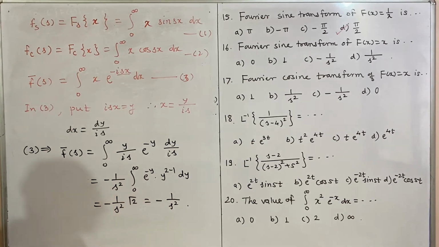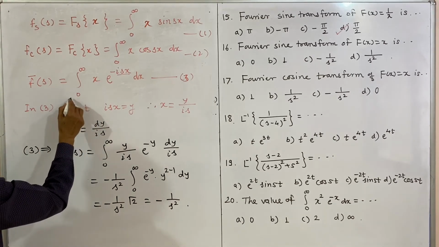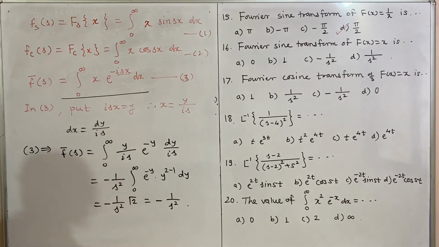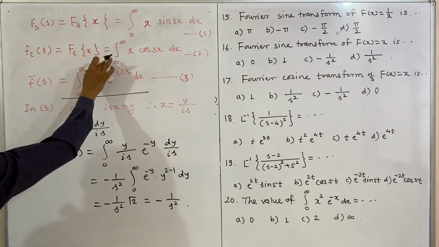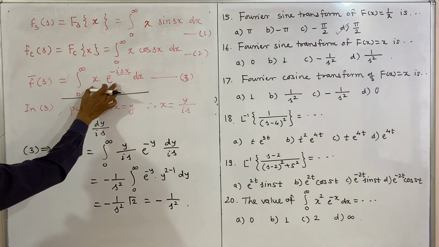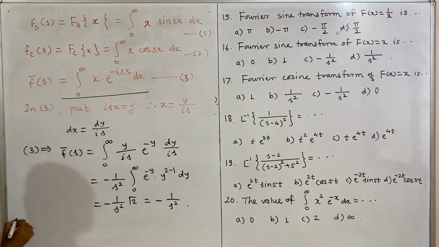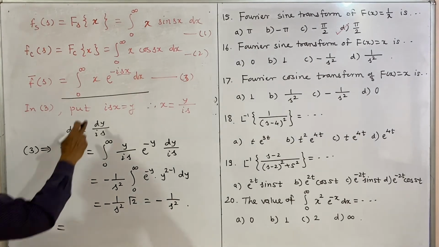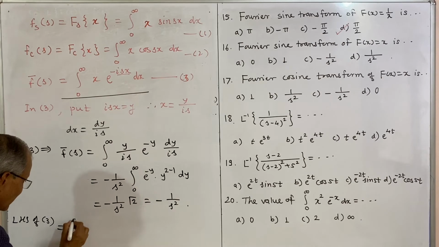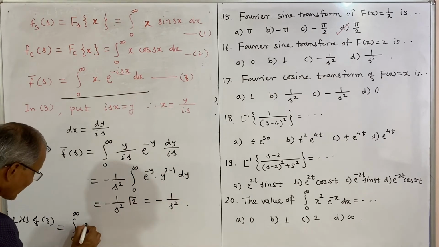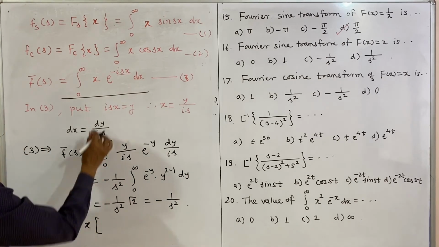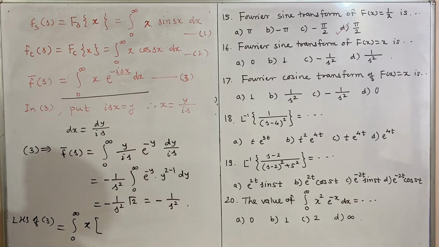And this is the value of the third integral we obtained, but actually we want to find 1 and 2. From the LHS of 3, integral 0 to infinity, it is x and e power minus isx, we can use Euler's formula for the relation between exponential and trigonometric functions.